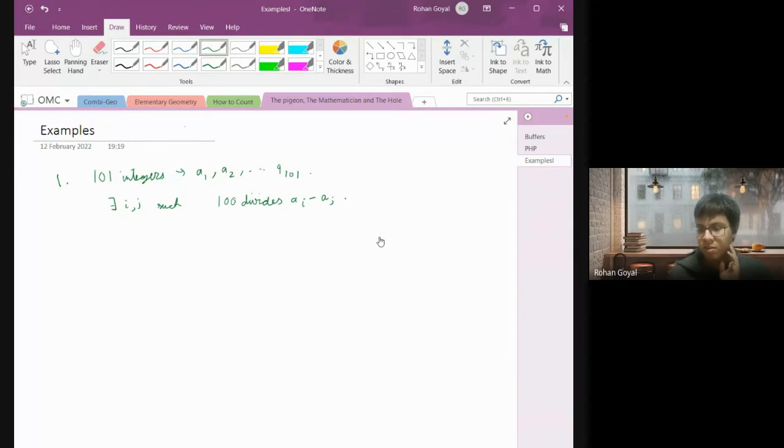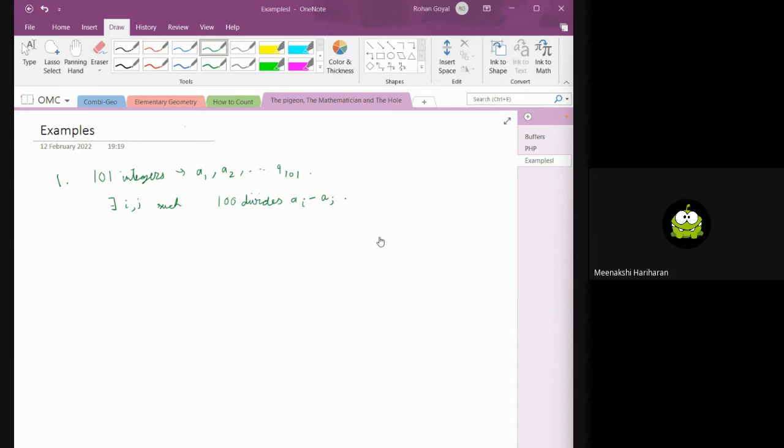So how do we do this? Since there are 101 integers and it's mod 100, the utmost number of remainders can only be 100. So there'll be one with an extra.